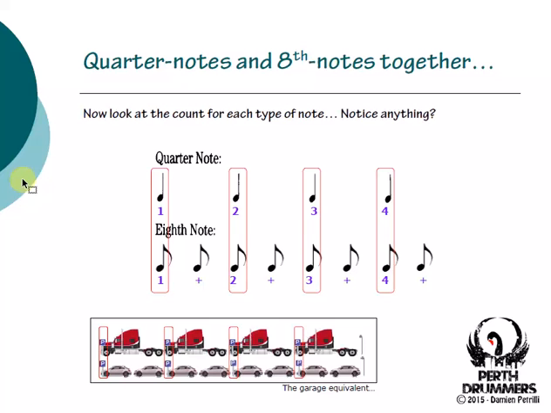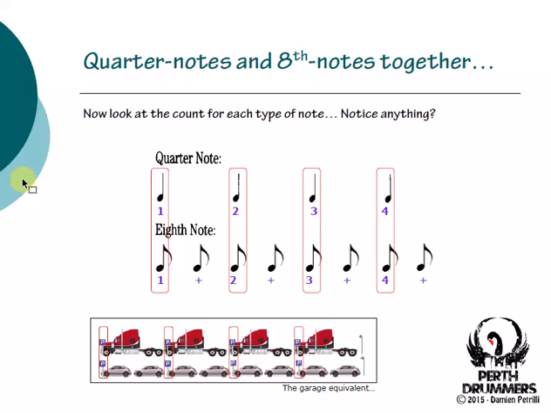If you look back down at the trucks and cars, that makes sense. The front bumper of each truck is going to line up with the front bumper of every second car. What I'm saying here is the reason we have ands is because we want the 1, the 2, the 3, and the 4 to be in the same spot no matter which way we decide to count.